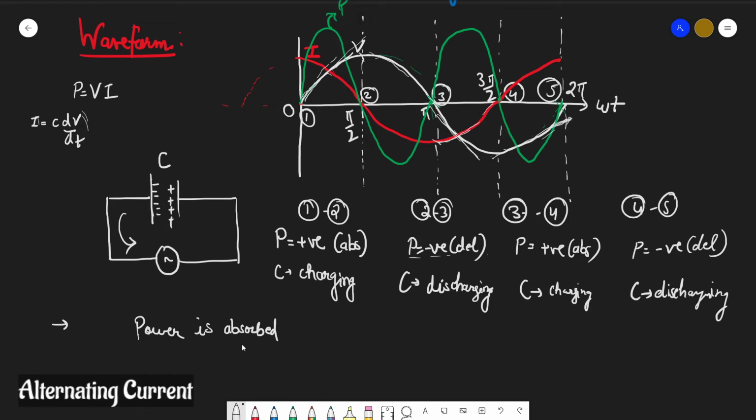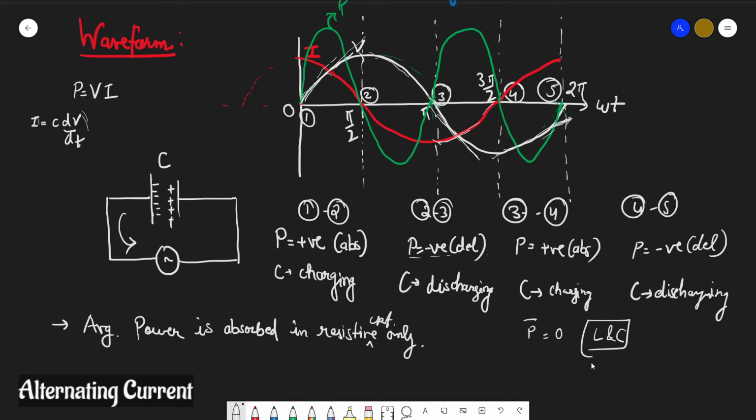As of now, power is absorbed in resistive circuits only, and to be specific you need to write that average power is absorbed in resistive circuits only. In L and C, you can see the average power is 0.